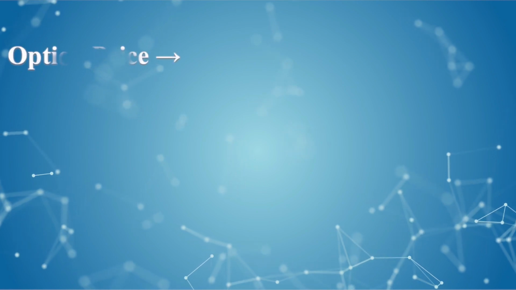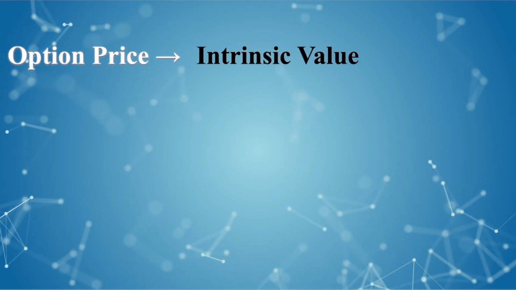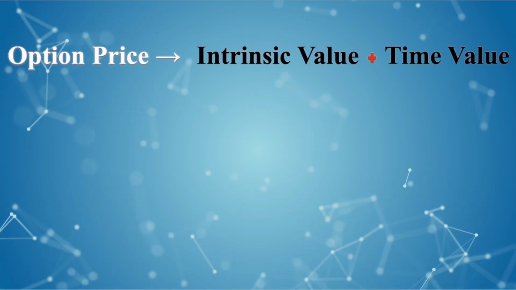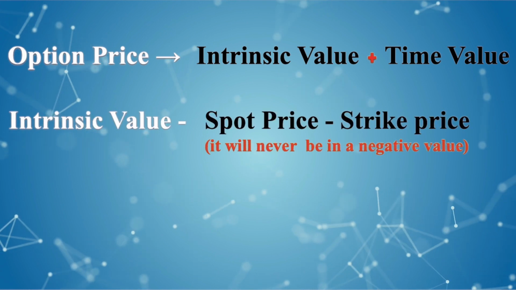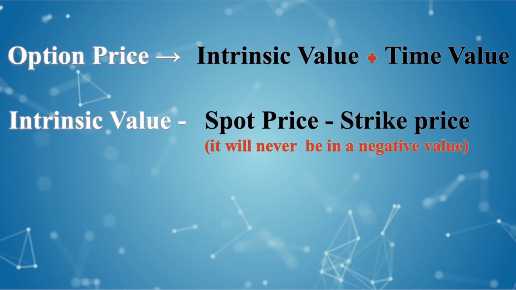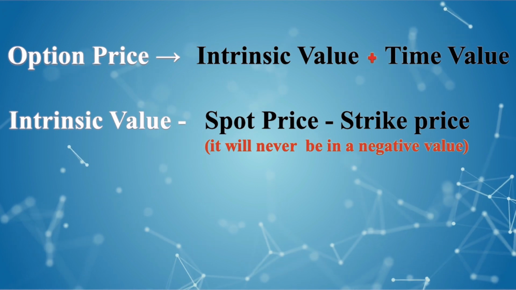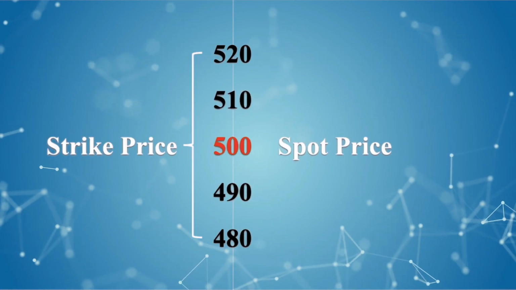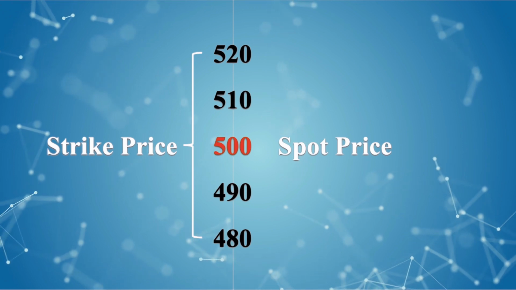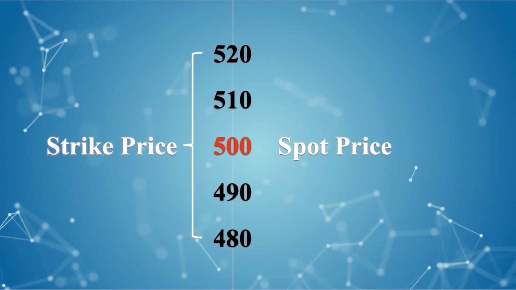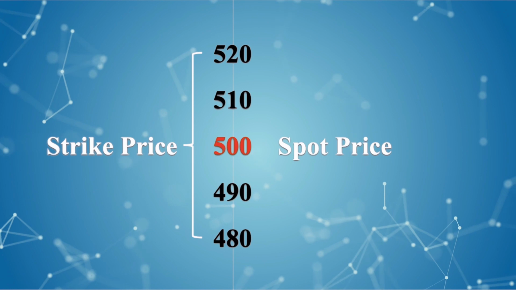Now we will move to option price. Option price is simply addition of intrinsic value and time value. Intrinsic value is difference between spot price and strike price. It will never be a negative value. Let's assume 500 is the spot price of a stock and 490 is your strike price.